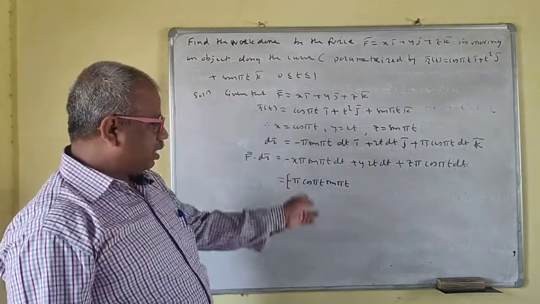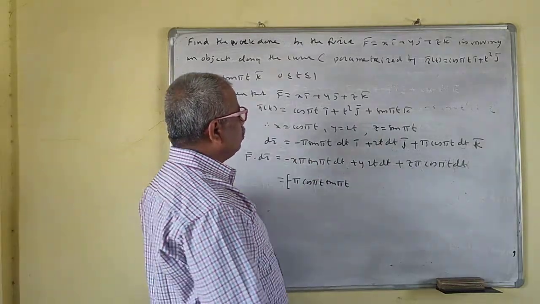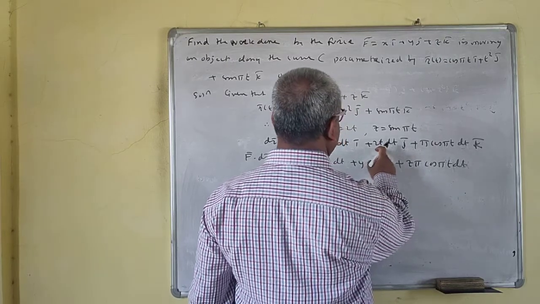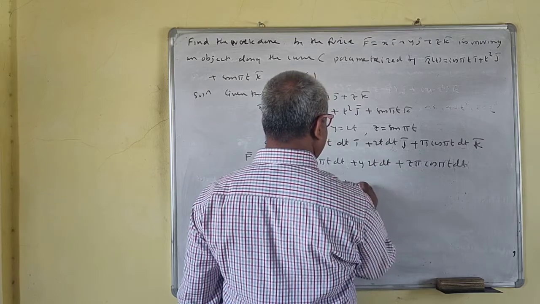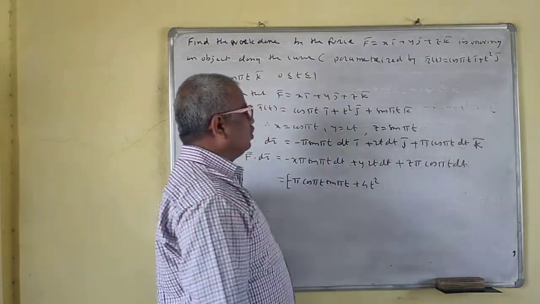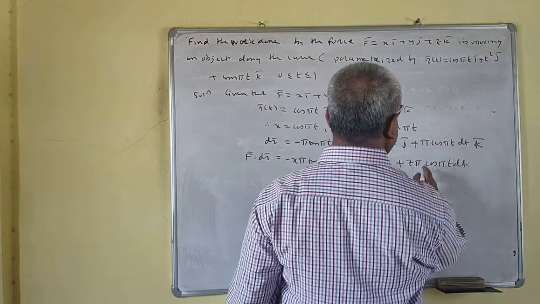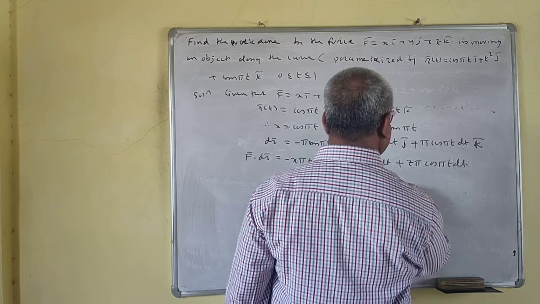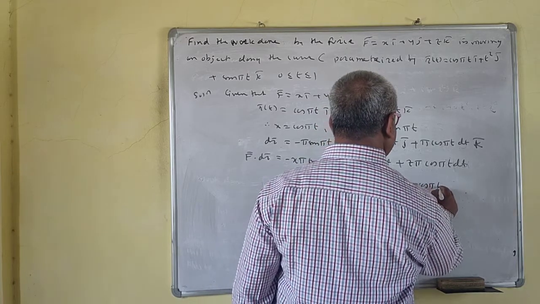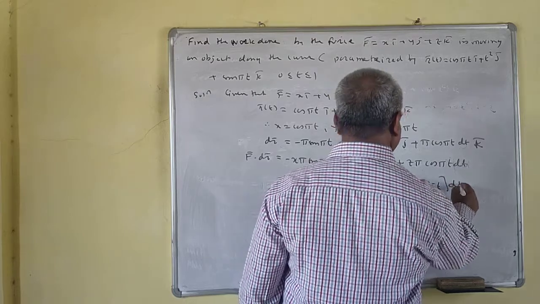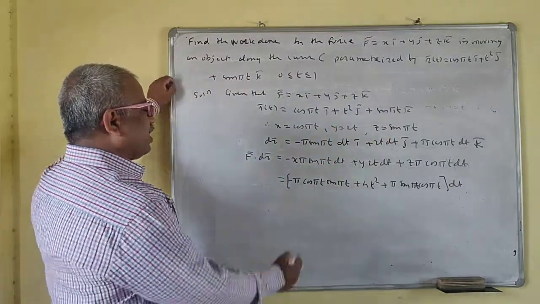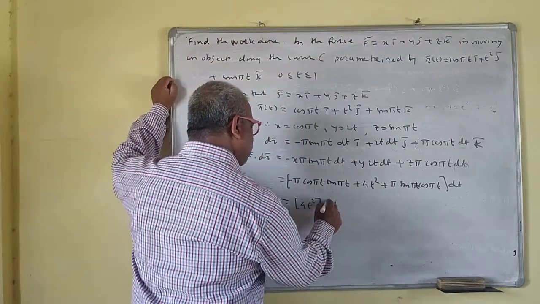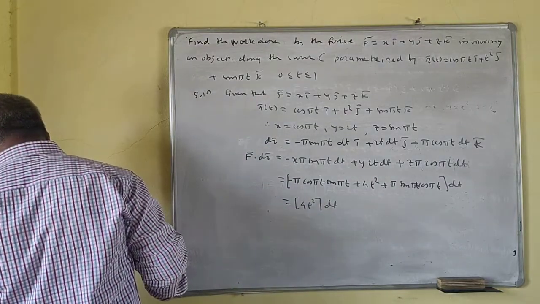We are taking dt common, so we are not writing it. Y is 2t, so 2t into 2t is plus 4t square. Then plus pi, z is sin pi t, so sin pi t cos pi t. This gets cancelled, so this is only 4t square dt.